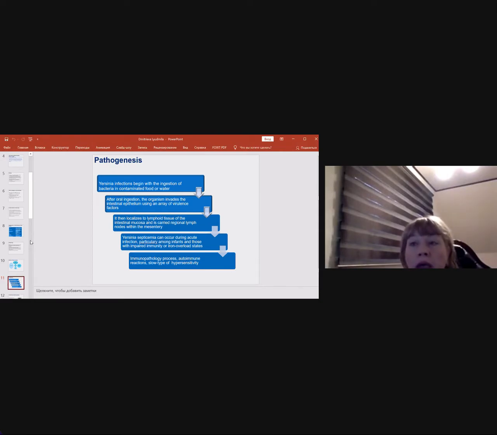You know about intestinal lymphoid elements, yes, and you know about the appendix. The appendix also belongs to lymphoid organs, yes, and in this case we can notice inflammation in these lymph elements. Inflammation in the appendix leads to appendicitis. Inflammation in mesenteric lymph nodes leads to mesenteric lymphadenitis.